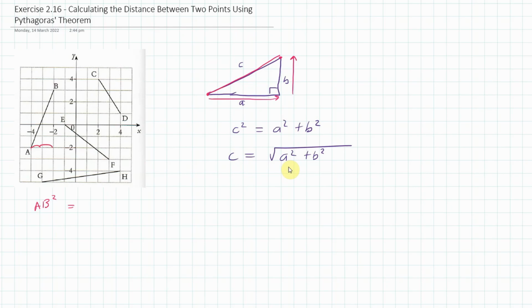We've gone across 2, and then up here 1, 2, 3, 4, 5, right? So these are right angled triangle, plus 5 squared. And so the length of AB is going to be the square root of 2 squared plus 5 squared. And so that's 4 plus 25, so it's going to be the square root of 29. And I guess you can simplify that to 3 significant figures if you want to, 5.39.